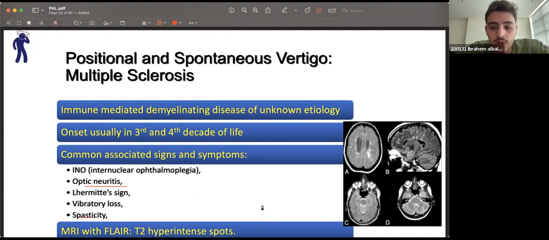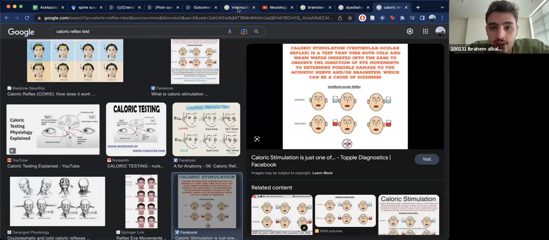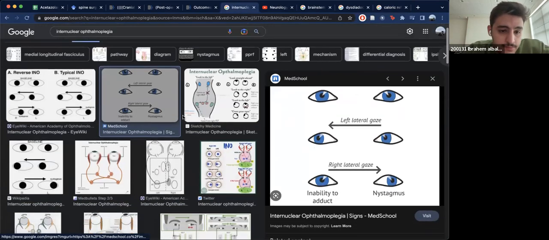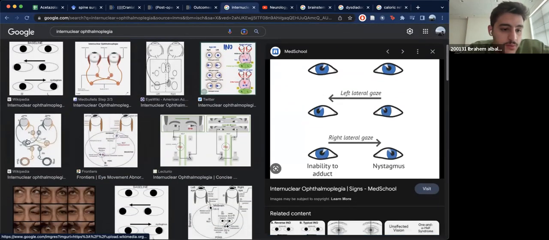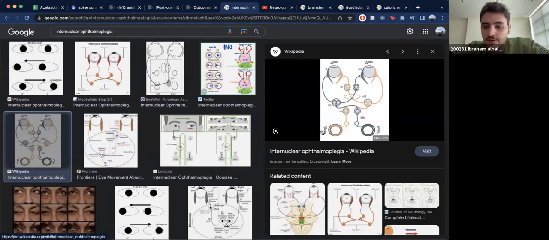These will all help you diagnose vertigo due to multiple sclerosis. And then you have something called internuclear ophthalmoplegia, and this is due to damage of the medial longitudinal fasciculus. So as we said, you have the vestibular system.